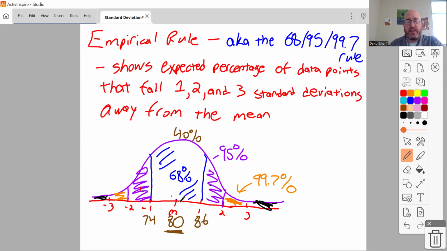You need to go back and recalculate and see what it is. It still might be 80, but even if it was, your standard deviation would definitely be off. Your standard deviation would need to be higher. So instead of 6, it might need to be 9. So this would need to be 89 and 71 instead. And then you might go back and plot your points again and get a percentage of them closer to 68 being in there.